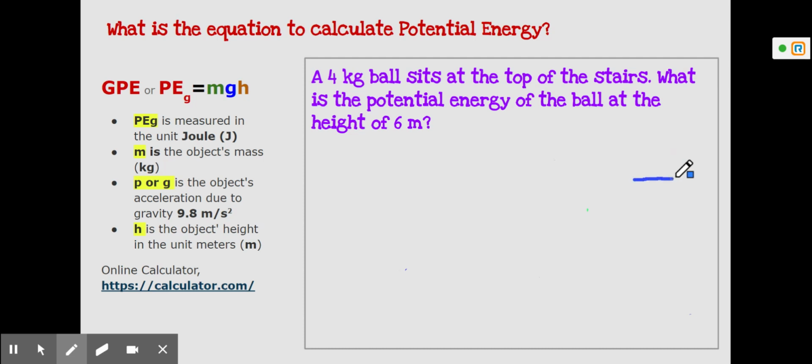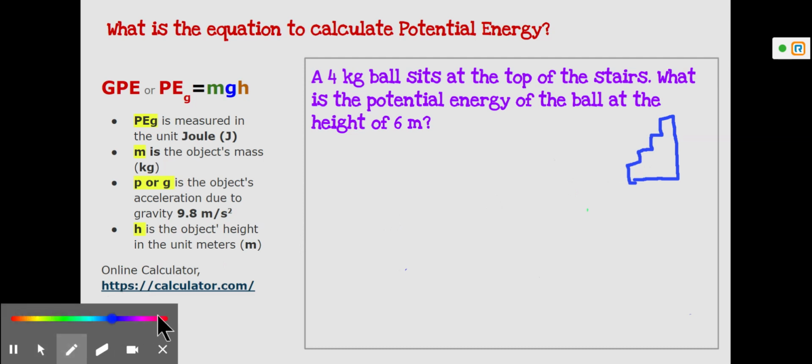So we have some stairs, and we have a ball at the top of those stairs. The higher the object is, the more potential energy it has. If it has the potential to fall off the shelf, off the table, off the stairs, it has potential energy. If it has height above the ground, it has potential energy.